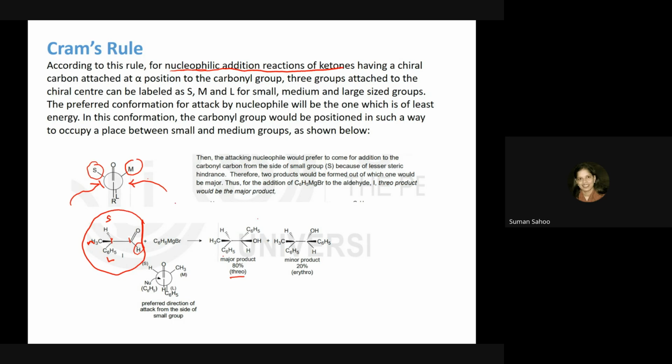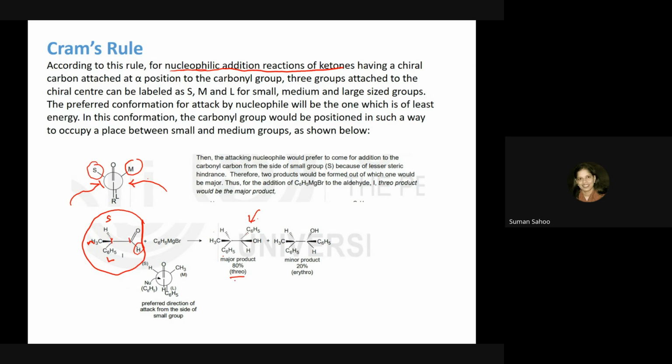The minor product is when it attacks from the side where you have the medium sized group. The nucleophilic attack for the major product is from the side of the small group. So the hydrogen was down the plane, so the nucleophile C6H5 will also be down the plane. Automatically OH would be off the plane and hydrogen will remain here.